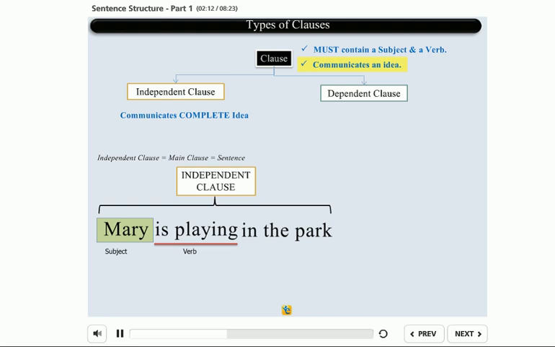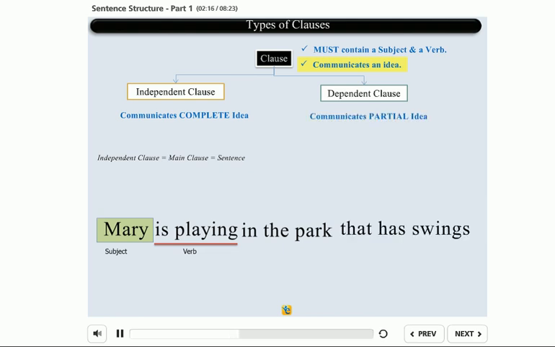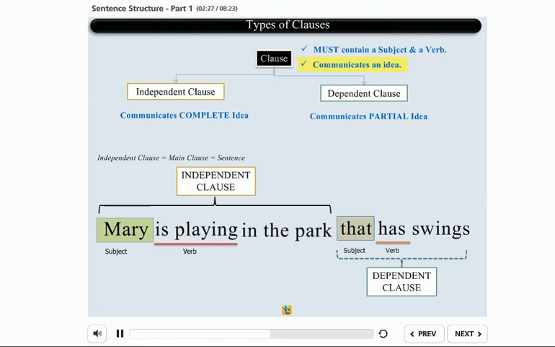A dependent clause, on the other hand, communicates an idea but only a partial one. As an example, that has swings. This is a clause because it contains a subject and a verb. It communicates an idea. Something has swings. But this is only a partial idea since we do not know what has swings.